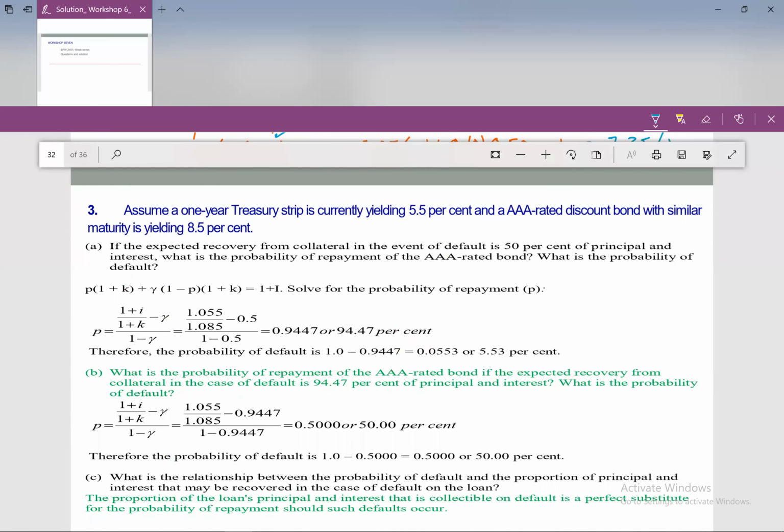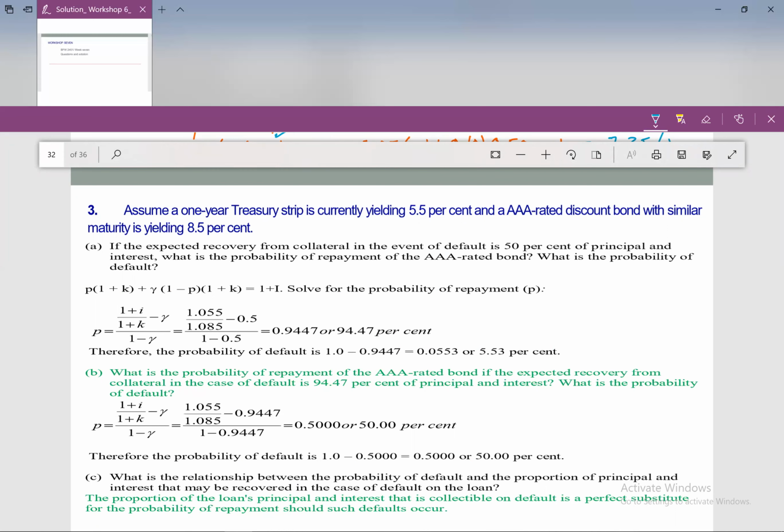Now, I want you also, the whole thing behind this question is that there is a relationship between probability of payment and collateral.